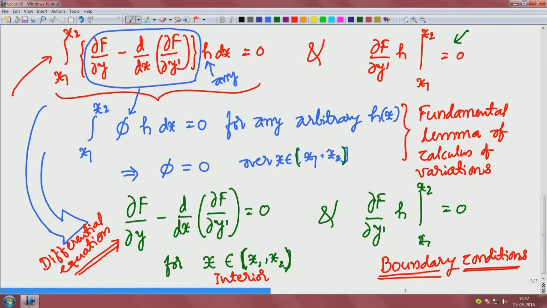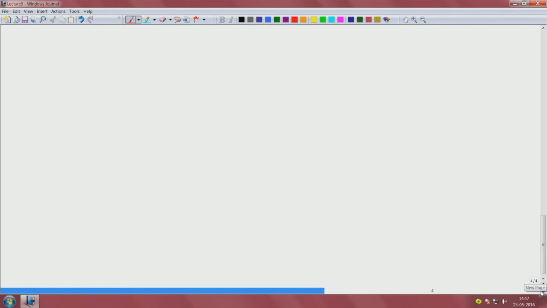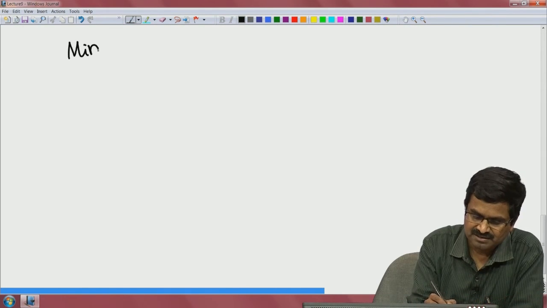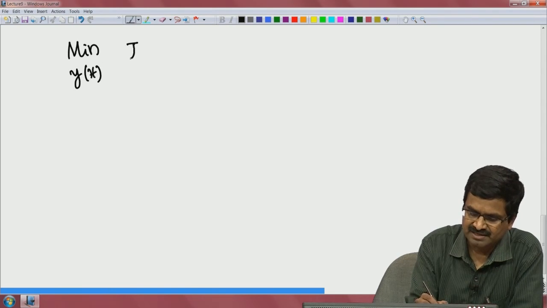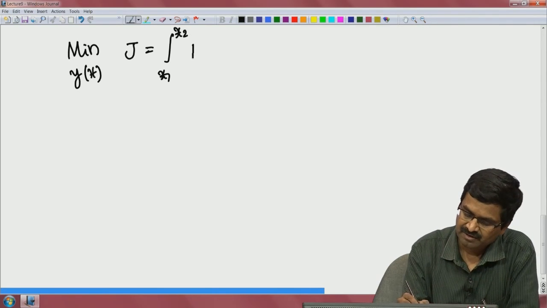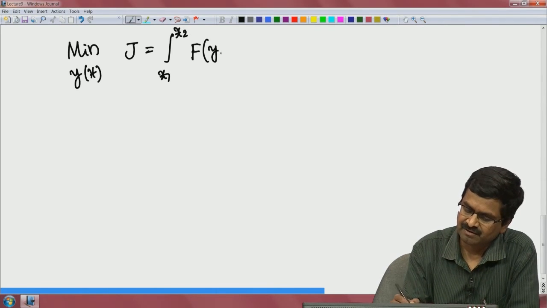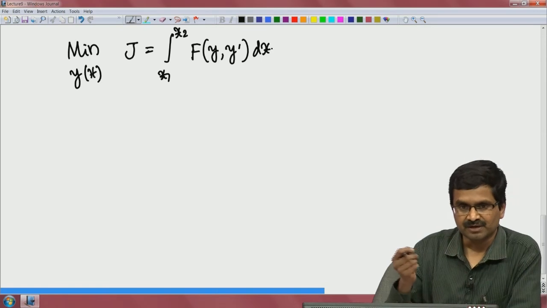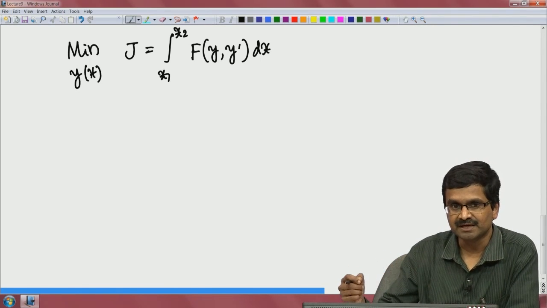Again, if you recall, what we started out with is a problem statement: minimize with respect to y of x an integral J from the limits x1 to x2, where the integrand depended on y and y prime, dx. Then we took the Gateaux variation and said that being equal to 0 is the necessary condition.